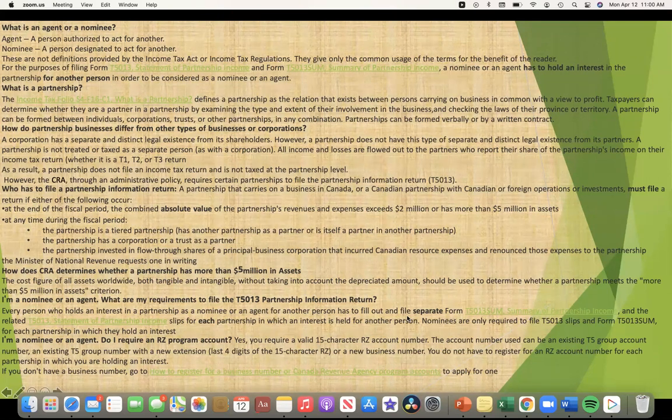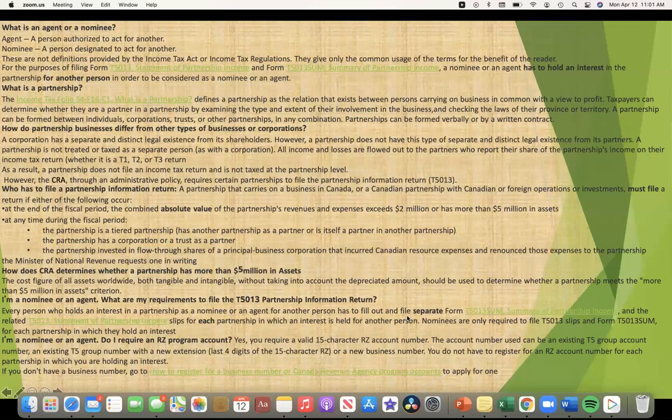So a partnership is not treated or taxed as a separate person. So all income and losses are flowed out to the partner who report their share of the partnership income on their own tax return, either on their T1 or T2 or T3.